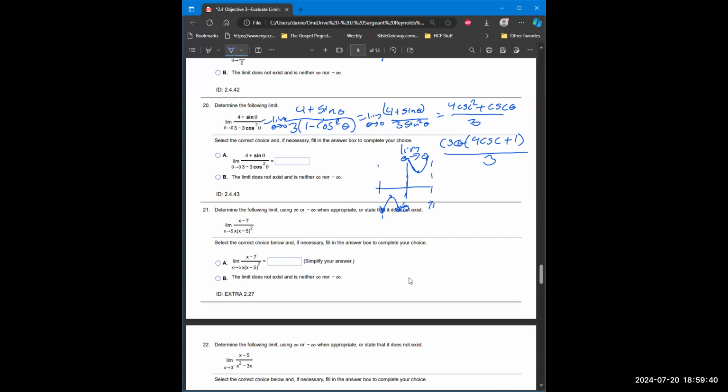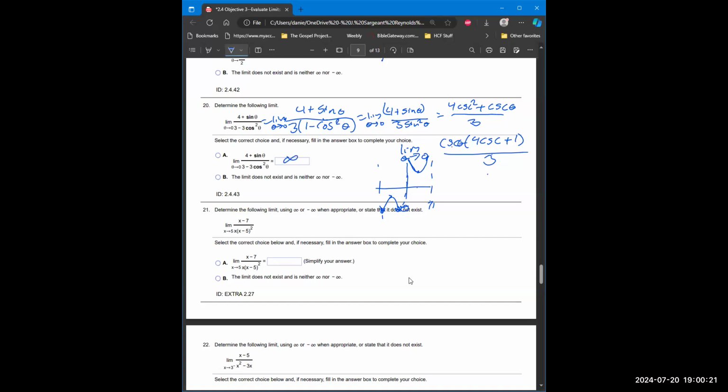As I approach 0 from the right, this is going to be either a negative times a negative, which is a positive, over a positive is a positive, or a positive times a positive over a positive.